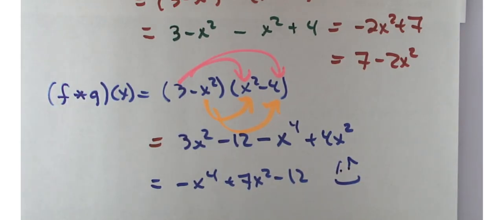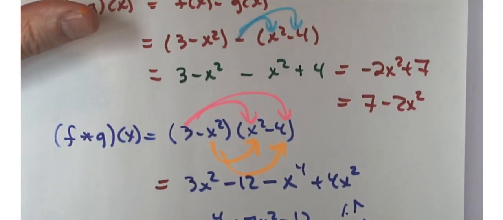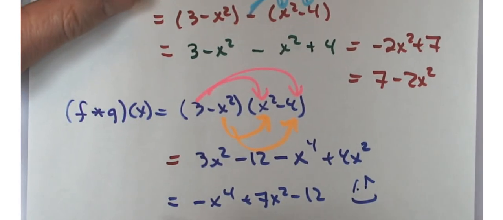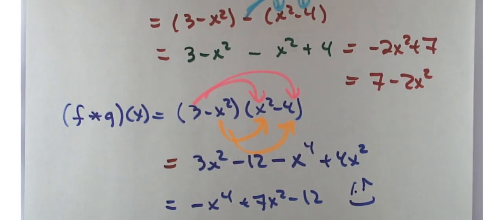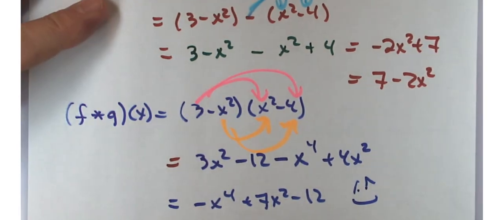And last but not least is f divided by g of x. So let's do that one, finish out this example. There's something a little bit peculiar about this one. f divided by g of x.